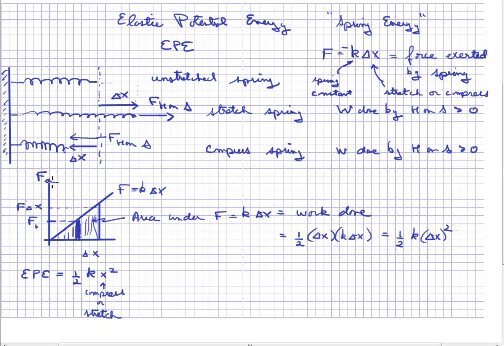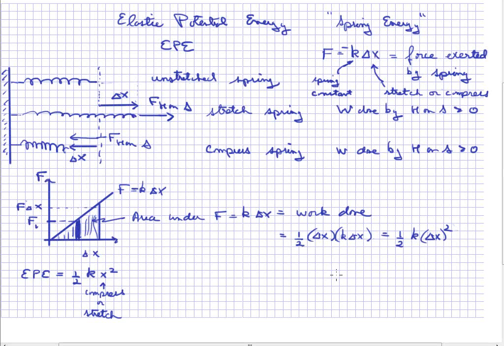It makes a little bit more sense: 1/2 times the maximum stretch times k delta x, which is the max force right here. It's going to be 1/2 times k times delta x squared.